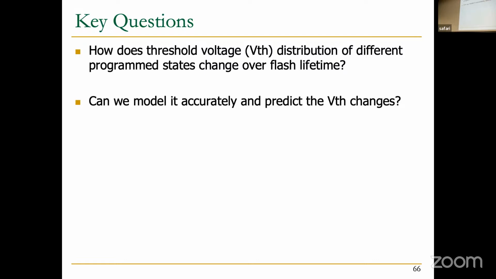It is very unlikely that you don't see any error when you read from flash; they are known to be very error prone. So you try to fix the errors with ECC. If ECC succeeds, then we are good to go. But especially when your device is aged, most likely ECC is going to fail.